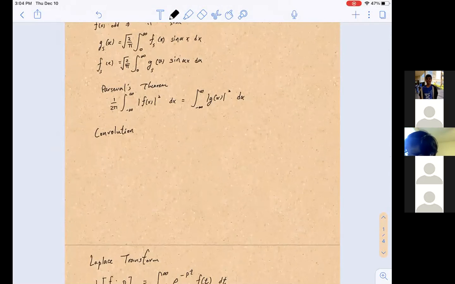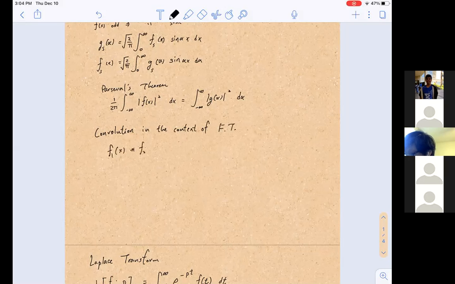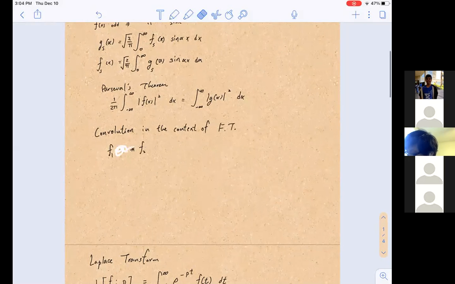In the context of the Fourier transform, F1 star F2 of x is the integration from negative infinity to infinity of F1 of x minus y, F2 of y, dy.